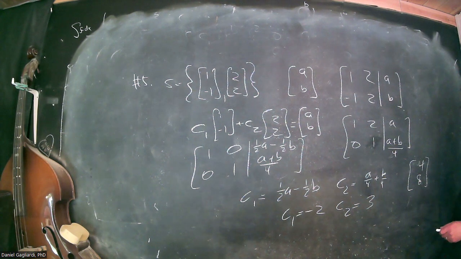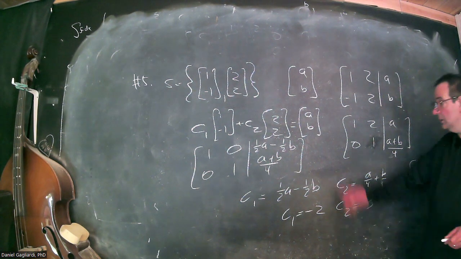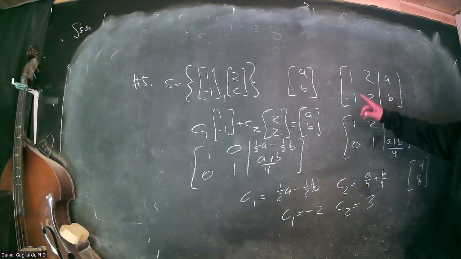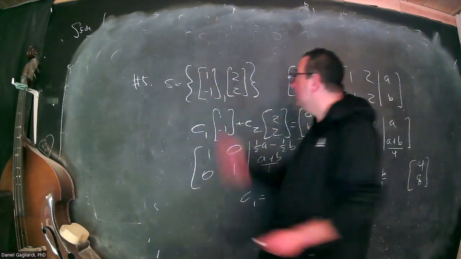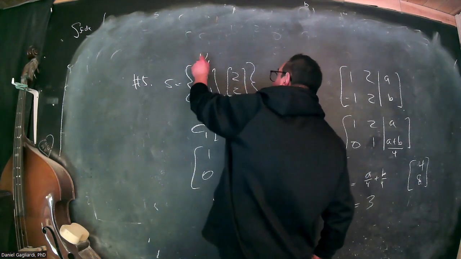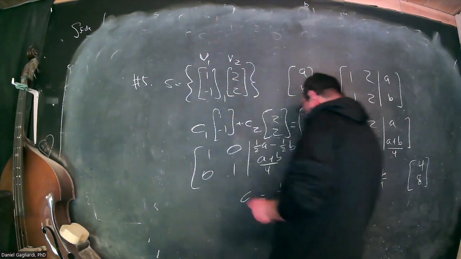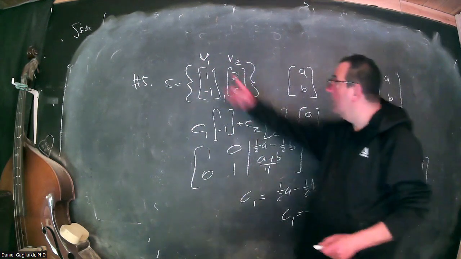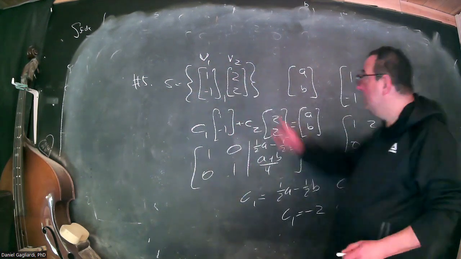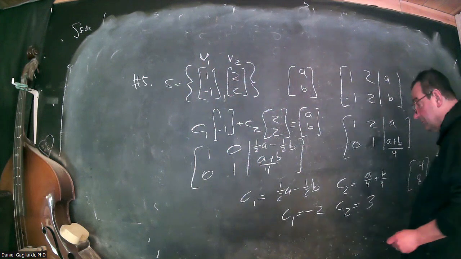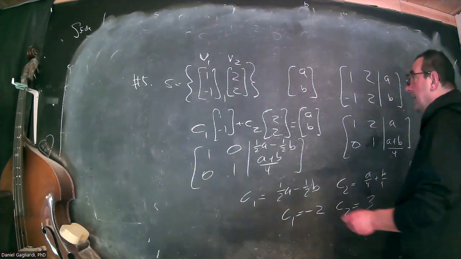So that tells us that -2 of vector 1, which I'll call v1, and I'll call this v2, so -2 v1s plus 3 v2s should take us to our target vector. And let's see if that happens.